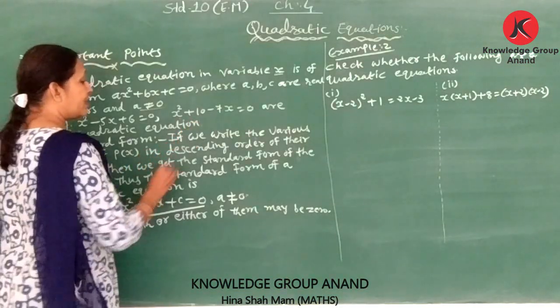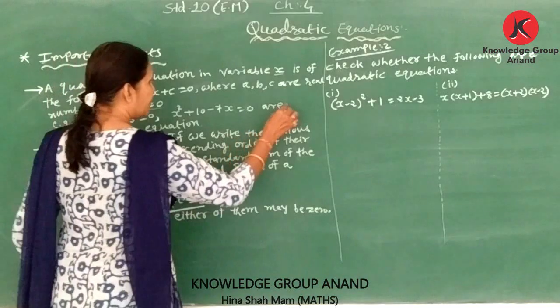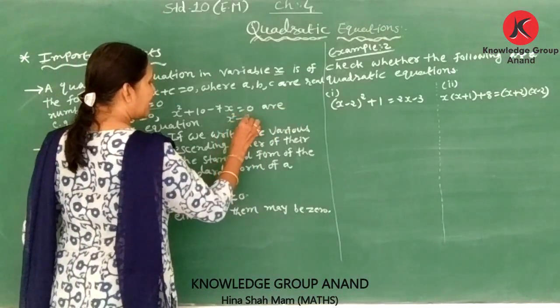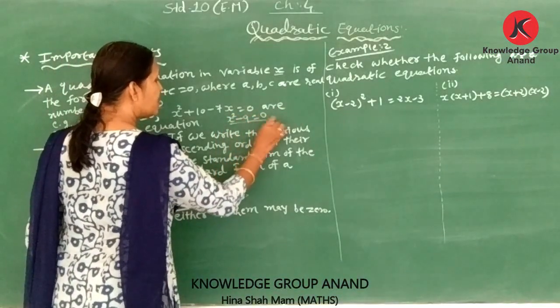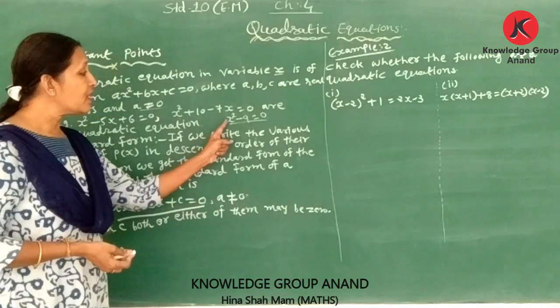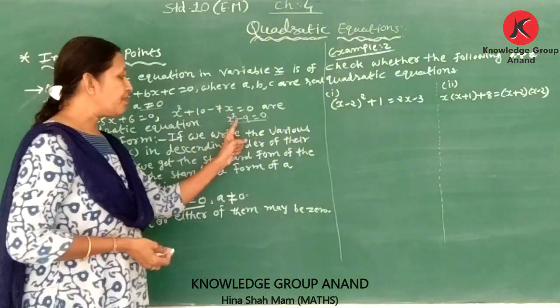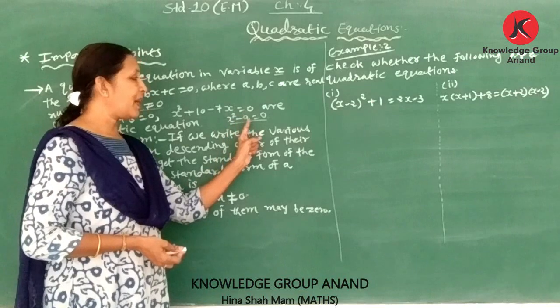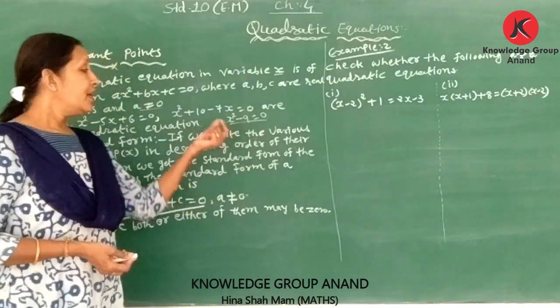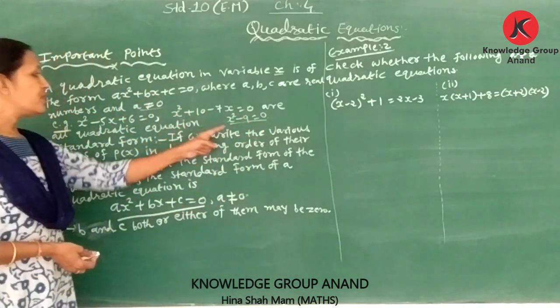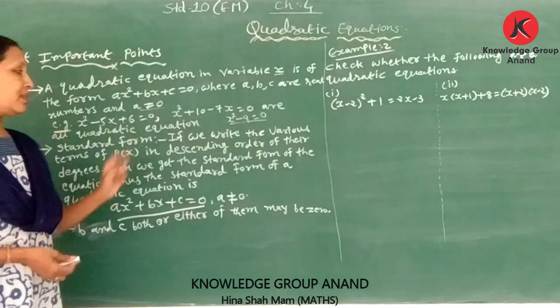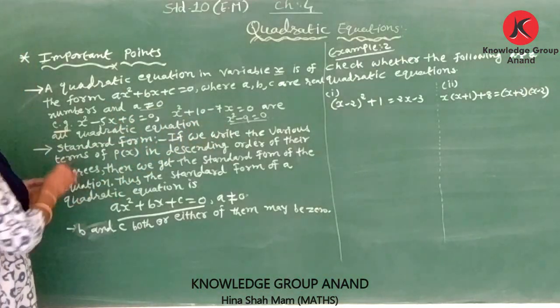You write here like this: x square minus 9 is equal to 0 is also a quadratic equation, because here a is equal to 1, b is equal to 0 and c is minus 9. A is not equal to 0, a is equal to 1, therefore it is a quadratic equation.